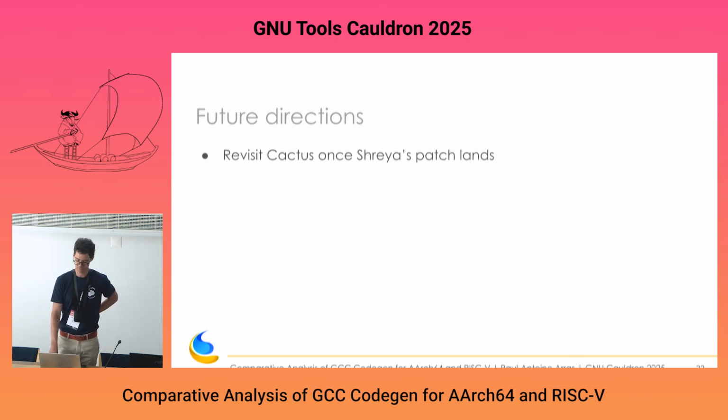I'd be curious to see the difference that Shreya's patch makes on Cactus, because that was the most obvious limiting factor that we could see, but I'm pretty sure that once this is fixed, it will maybe reveal some other issues. Because given the huge gap between AArch64 and RISC-V on this particular benchmark, there have to be other issues.